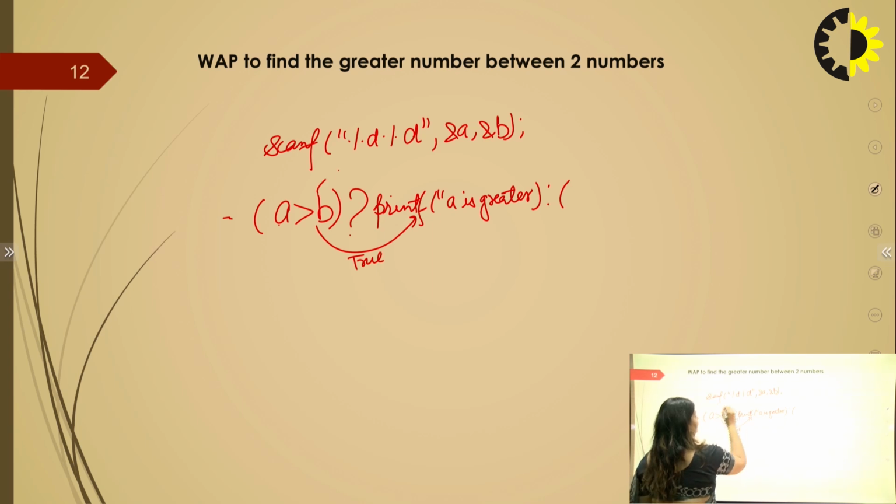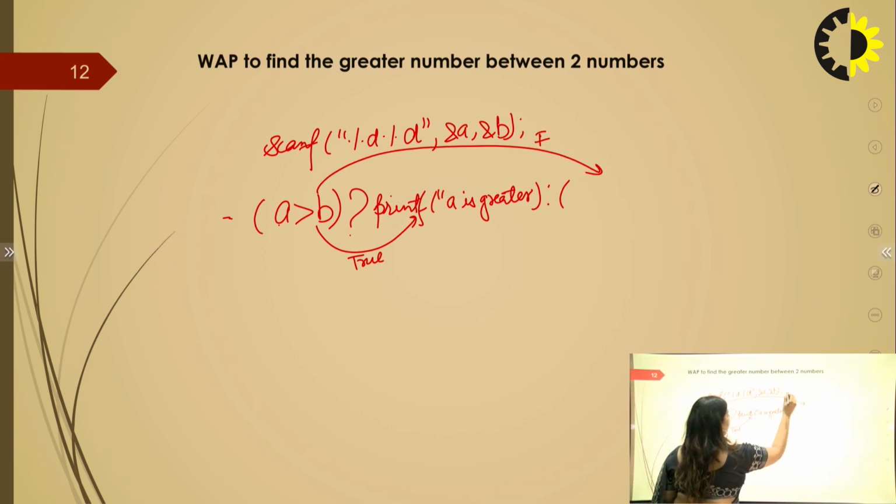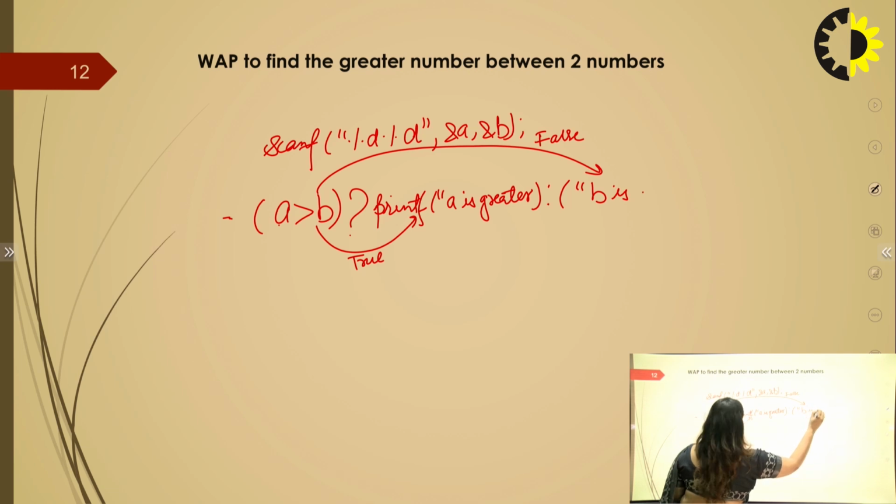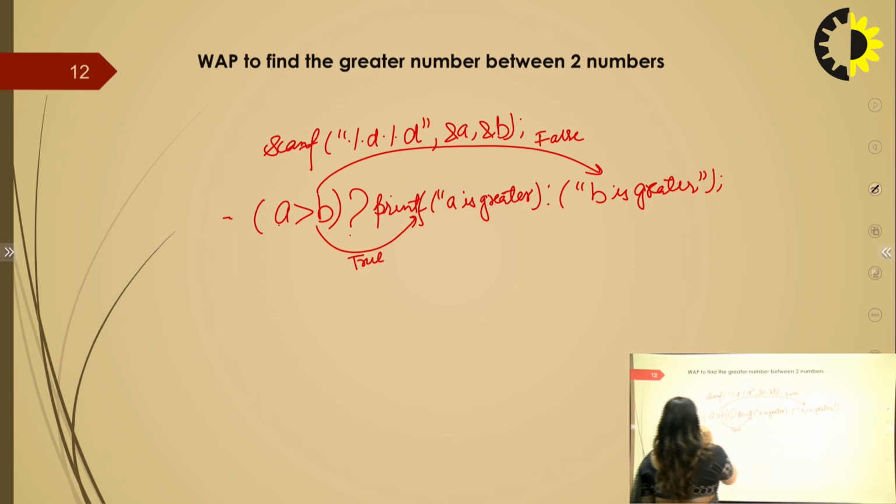In case of false, the second expression will be executed, which is B is greater. So I suppose this operator can represent the logic in an optimized manner, and this is very important also. So this is it for the operators, and keep studying. Thank you so much.